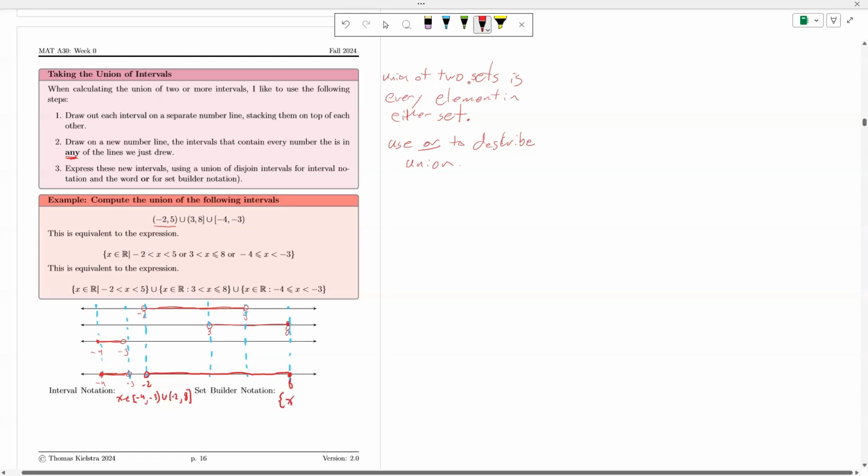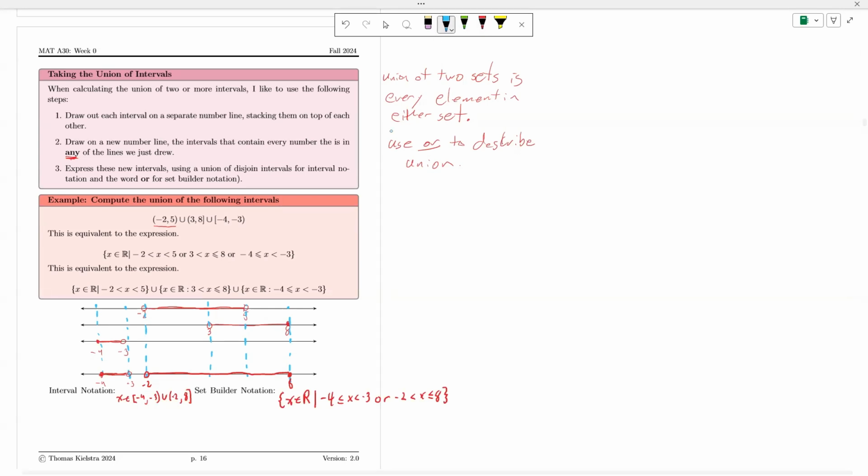Well, I'm taking x in the real numbers such that -4 is less than or equal to x, which is less than -3, or -2 is less than x, which is less than or equal to 8. And we use the word or to represent x is in this interval or x is in this interval. If we use the word and, it would be required to be in both intervals.